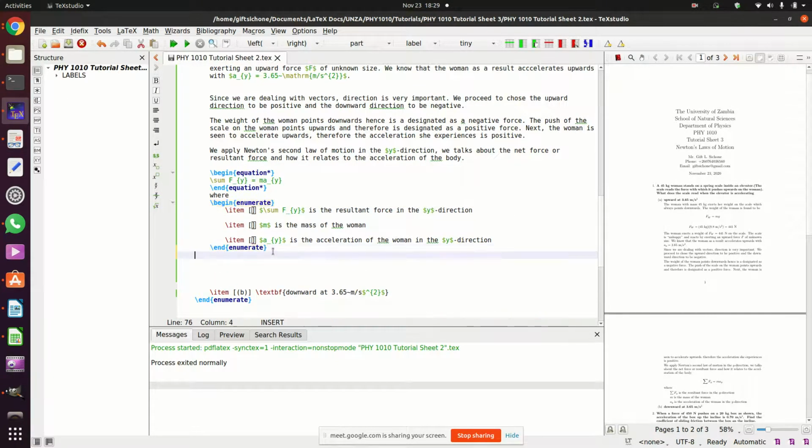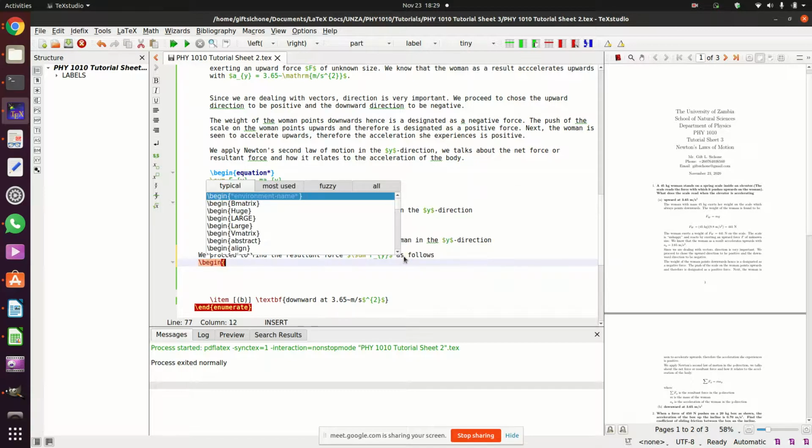Are we clear? So we proceed to find the resultant force. The resultant force is as follows. We know the forces acting on the woman.